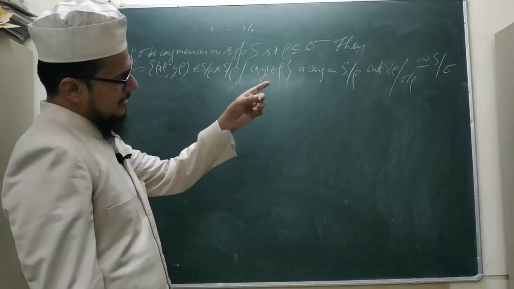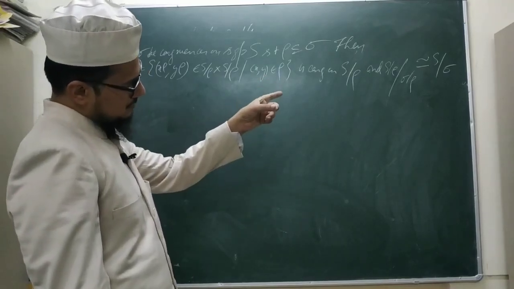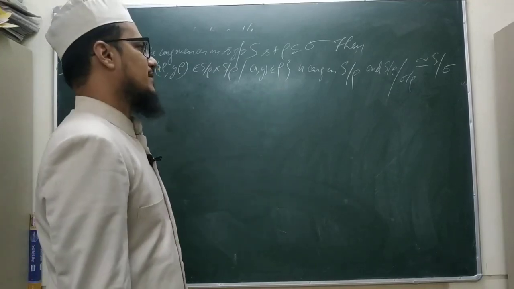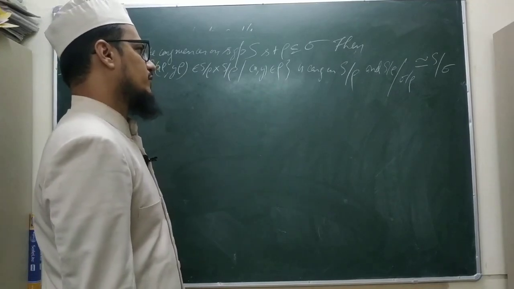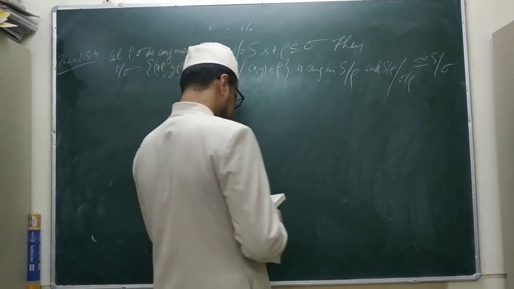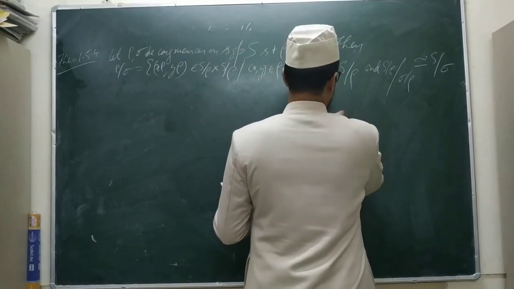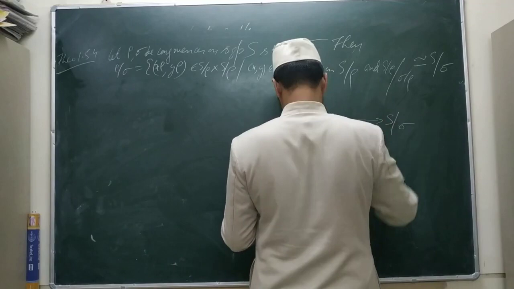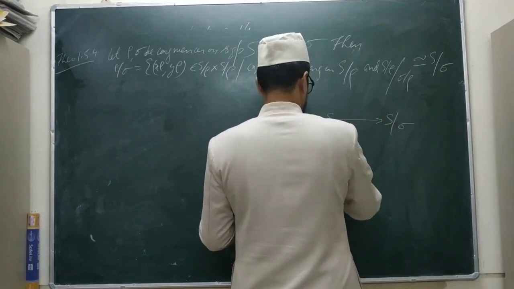And you have to prove that S by rho by sigma by rho is isomorphic to S by sigma. These things we have to prove, correct? So to prove this, remember, you just think like this: S by sigma, and here it is S by rho.